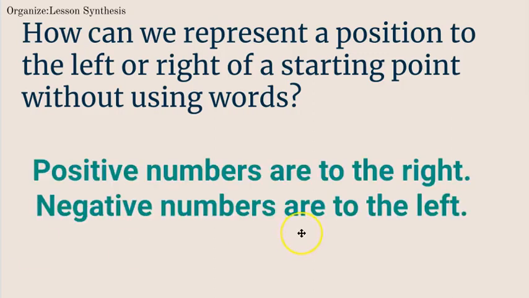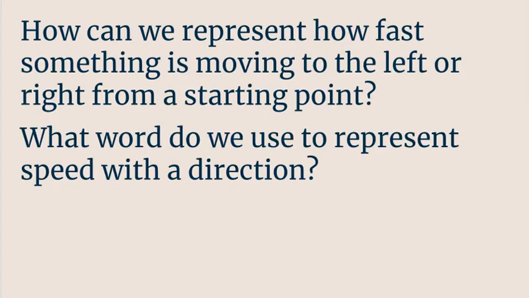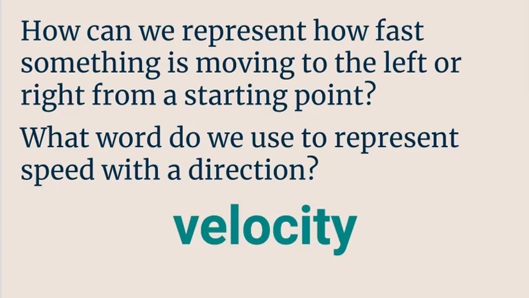Yeah, positive numbers are to the right of that starting point. Negative is to the left. So just using that negative or positive tells you which way to turn. How can we represent how fast something is moving to the left or the right of the starting point? What do we call speed with direction? Yep, it's velocity.